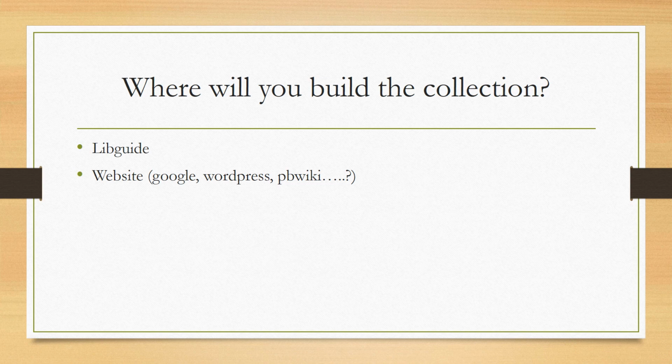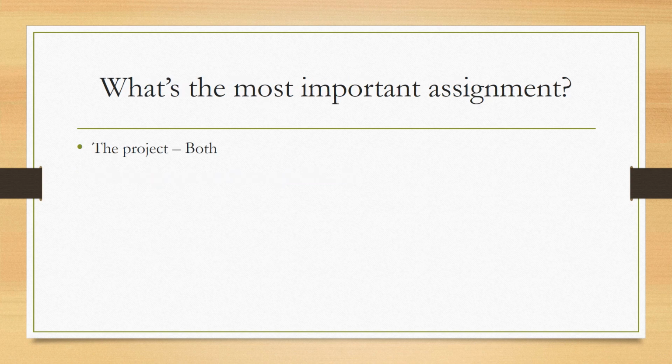And if you have not taken a class with me, just make sure that you're using the right LibGuide site that I have access to. So let me know if you want to use LibGuides, and I'll make sure you have the right credentials.